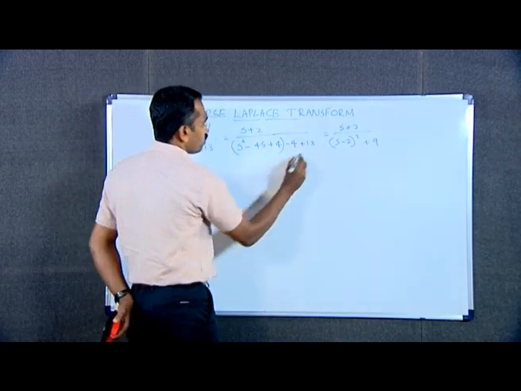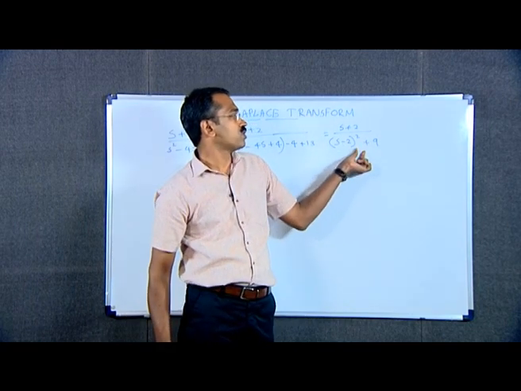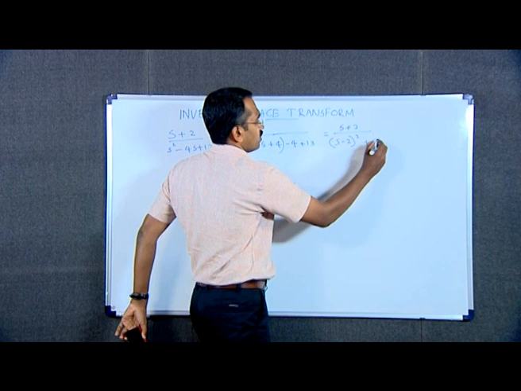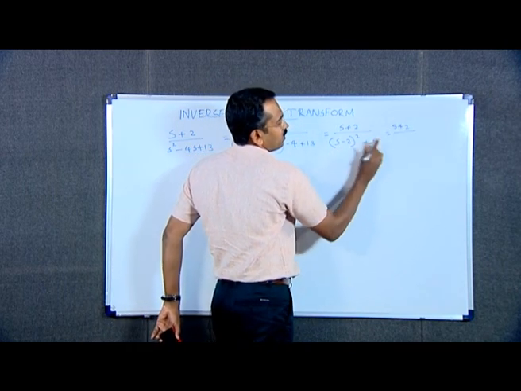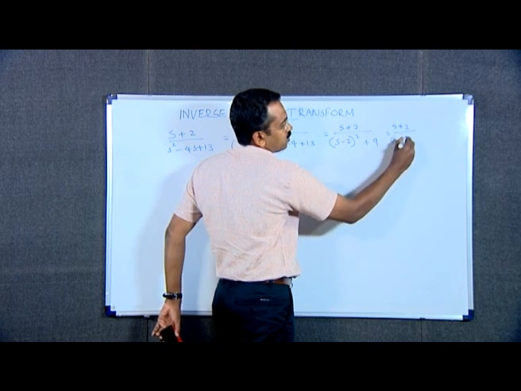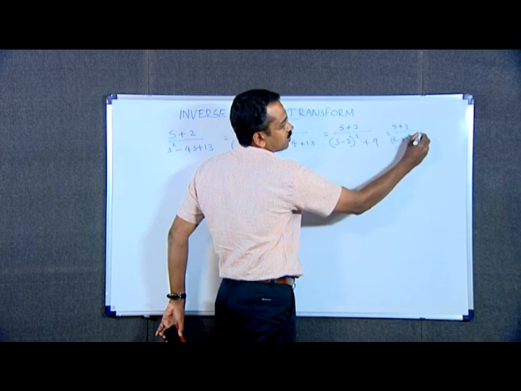This is equal to, now here s minus 2 the whole square plus 9, in the numerator s plus 2, the denominator s minus 2 whole square is the first term, plus 9 means 3 square.